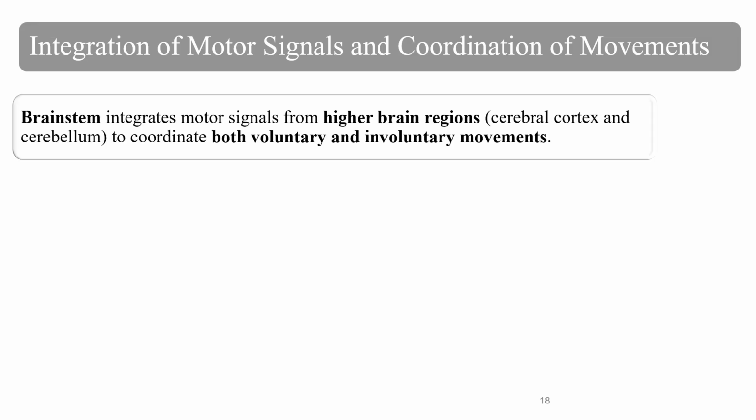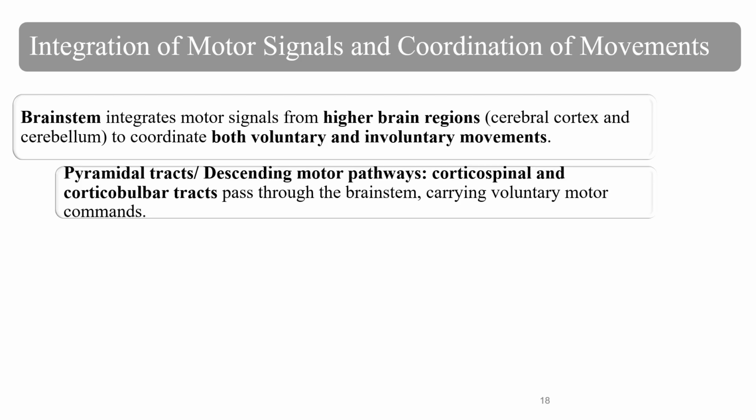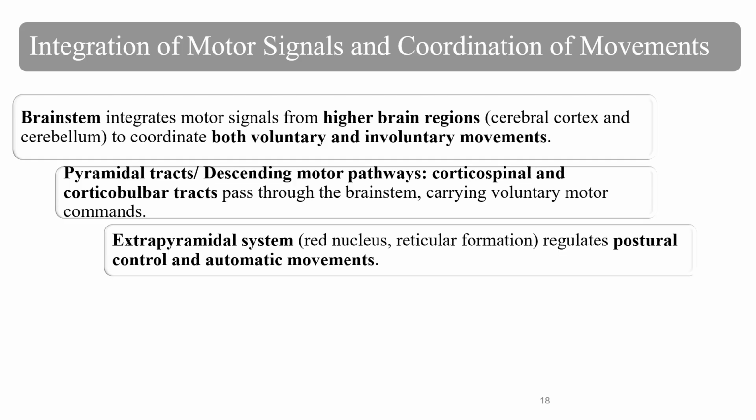So how does the brainstem integrate the motor signals and coordination? First of all, the brainstem integrates motor signals from higher brain regions, that is the cerebral cortex and the cerebellum, to coordinate both voluntary and involuntary movement. Later, the pyramidal tract or the descending motor pathway, for example, the corticospinal and the corticobulbar tract, pass through the brainstem and carry voluntary motor commands.